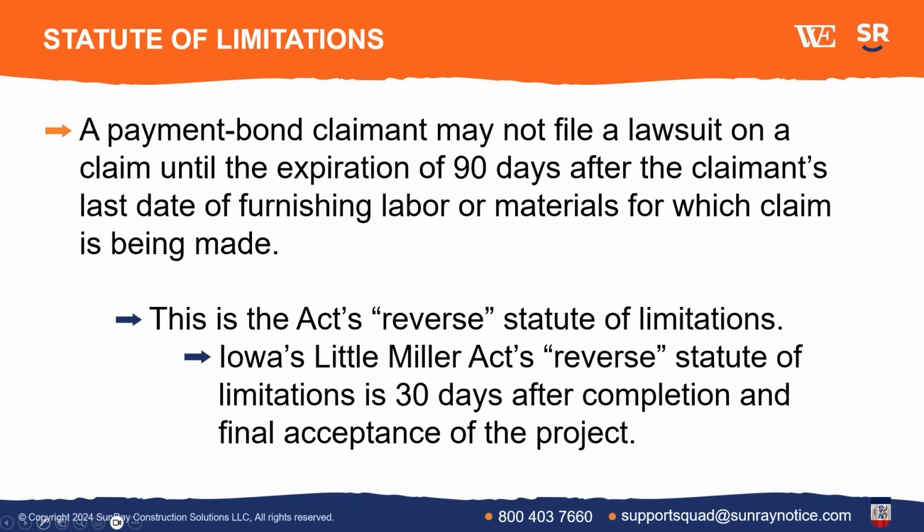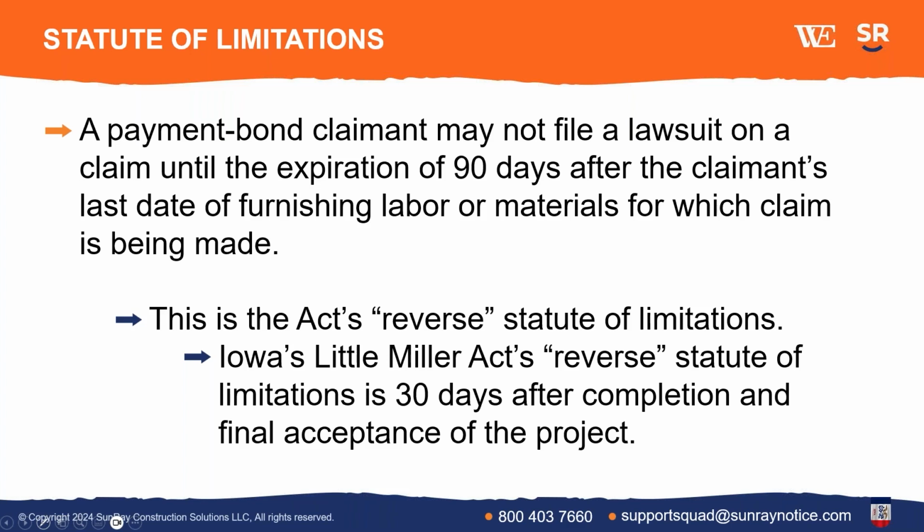Okay, now what about the statute of limitations to file suit on a claim? There's a reverse statute of limitations, which says a claimant cannot file a lawsuit on a claim until the expiration of 90 days after the claimant's last date of furnishing labor or materials. So, if you give your notice within 30 days of your last day of work, you've got to wait until 90 days have expired before you can sue.